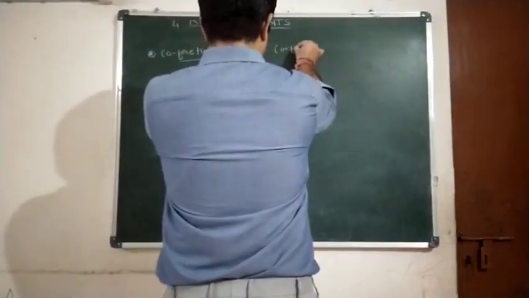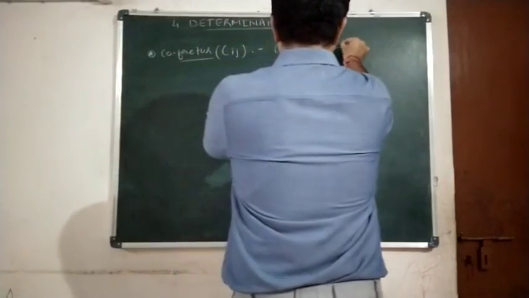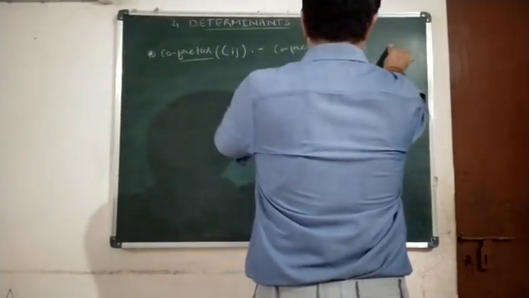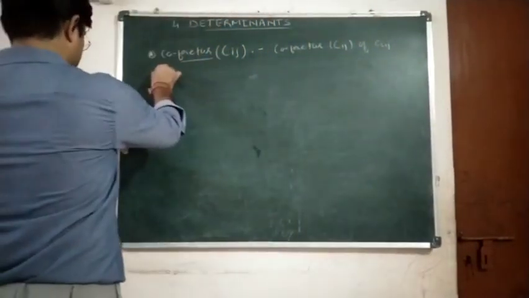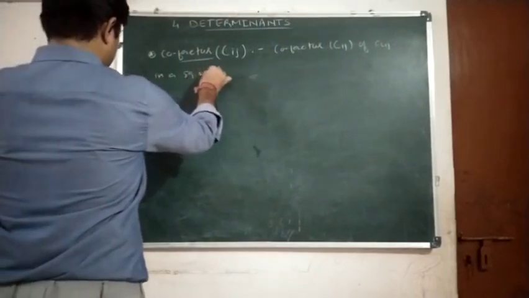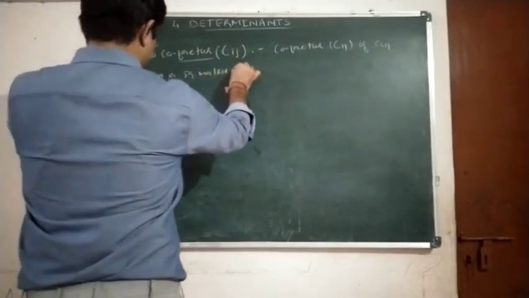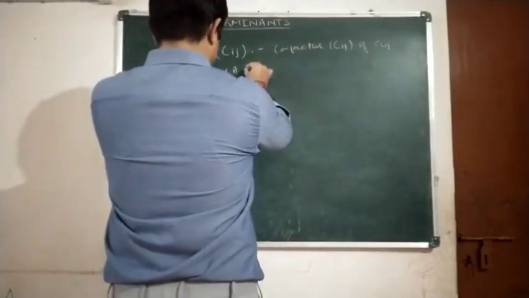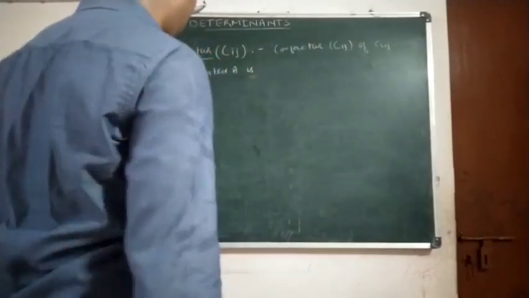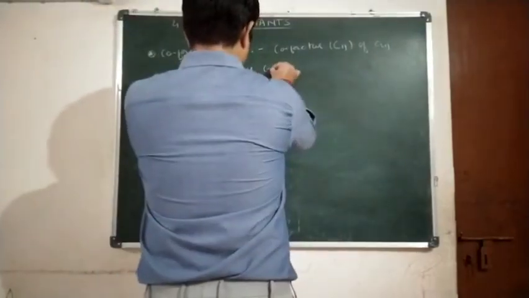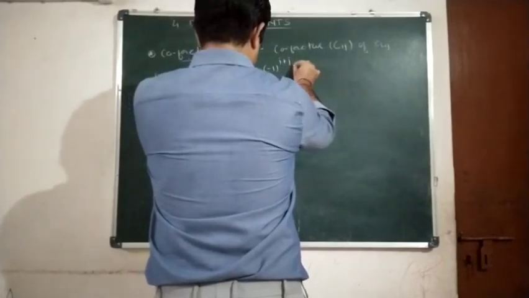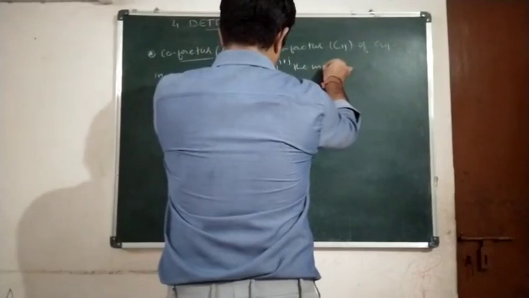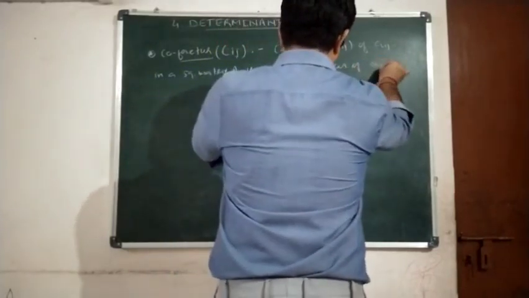The cofactor Cij of Aij in a square matrix A is minus 1 raised to i plus j times the minor of Aij.